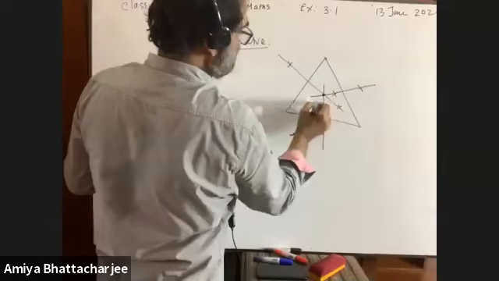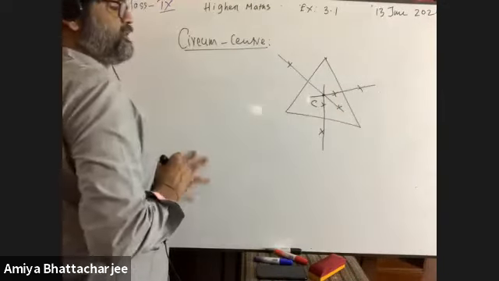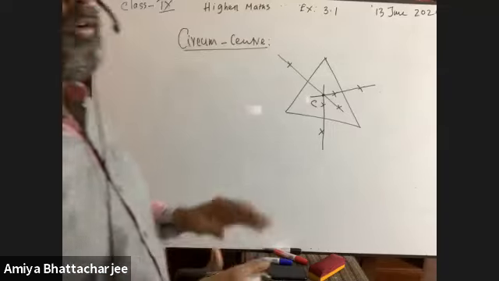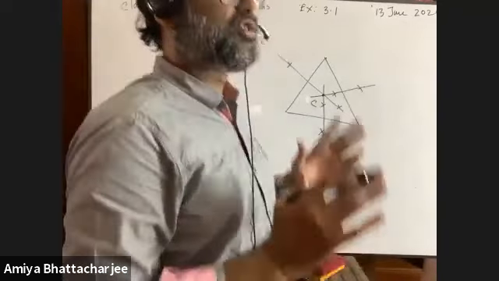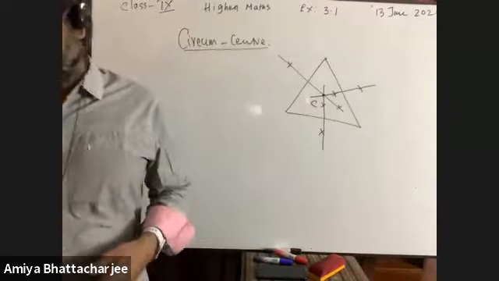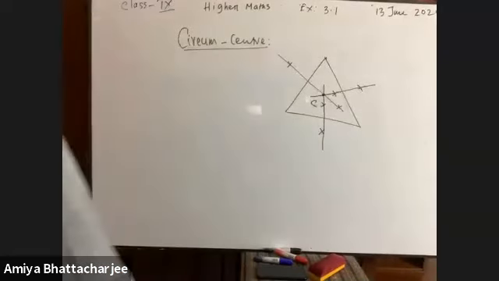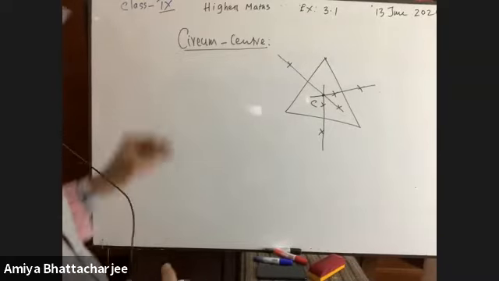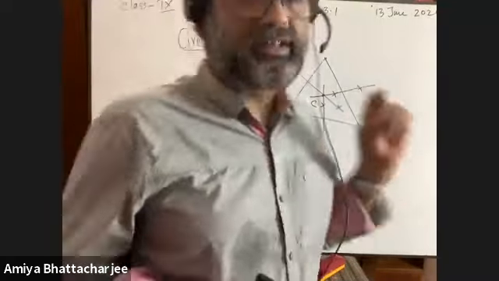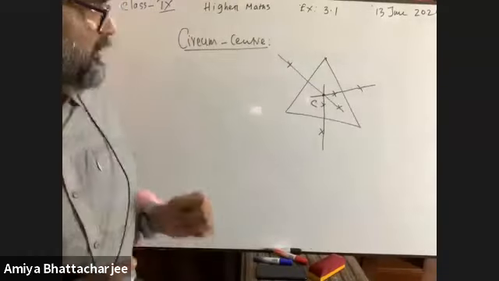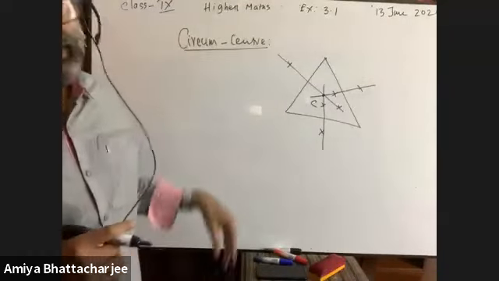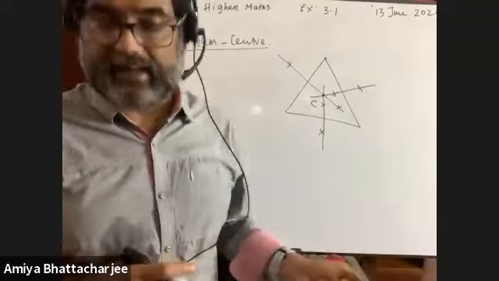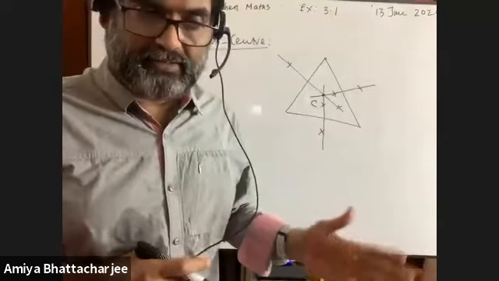This is the circumcenter C. So what is the definition of the circumcenter? Where the bisectors of the sides meet. For incenter, it was the bisectors of the angles. But for circumcenter, it is the bisectors of the sides. Have you got the difference?